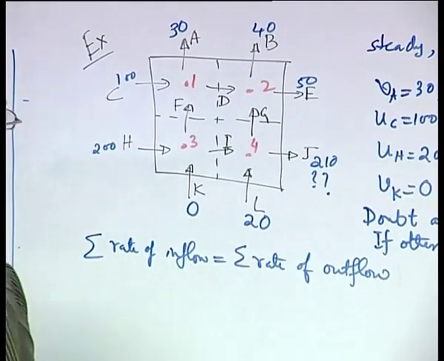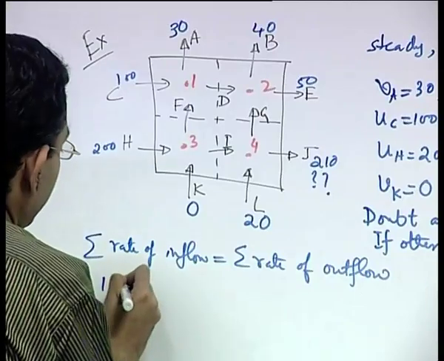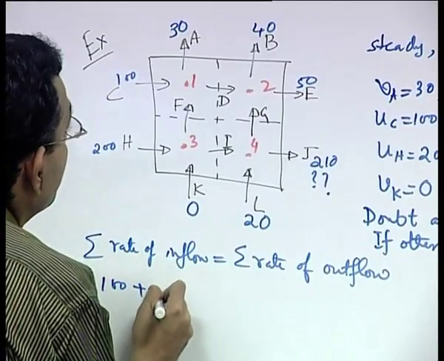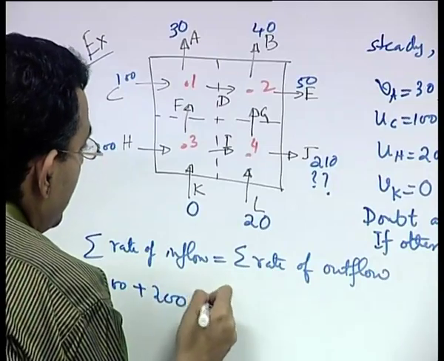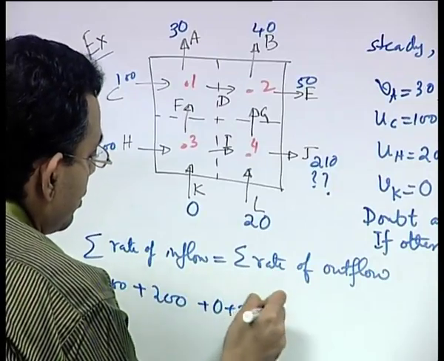What is the rate of inflow? 100 plus 200 plus 0 plus 20.